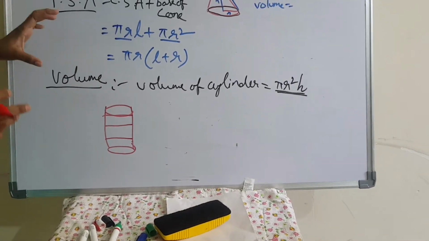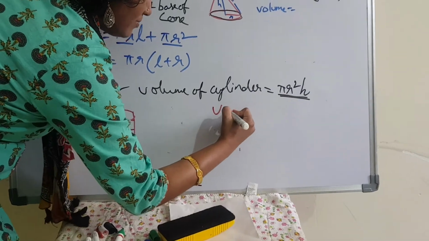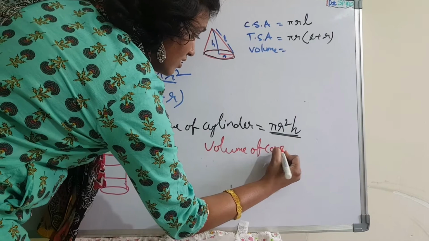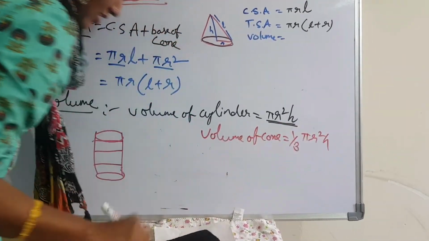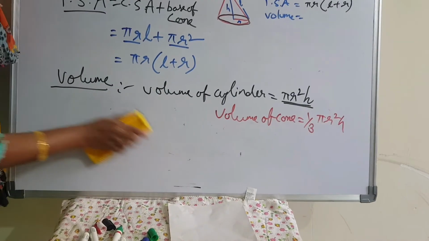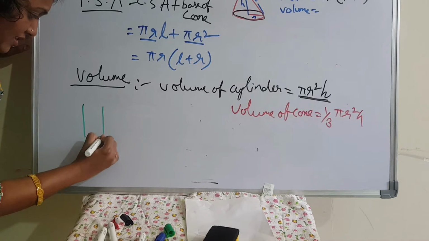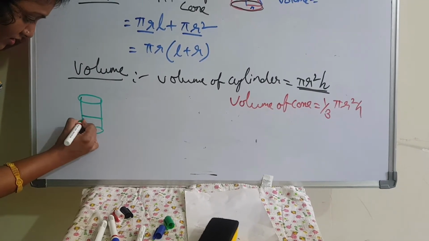Means the cone is 1/3 part. The volume of a cone is nothing but 1/3 of pi r square h. Here we can see, I will tell you. This is a cylinder. This is one part.